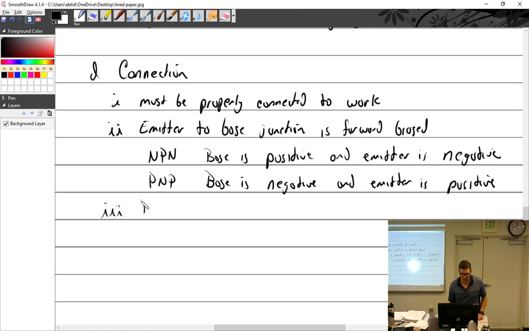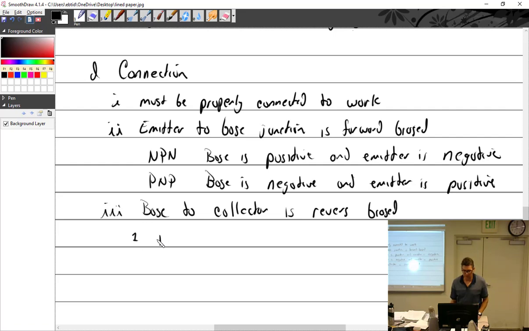All right, and the base to collector junction is reversed. I'll put this, then we'll go back and look at it.